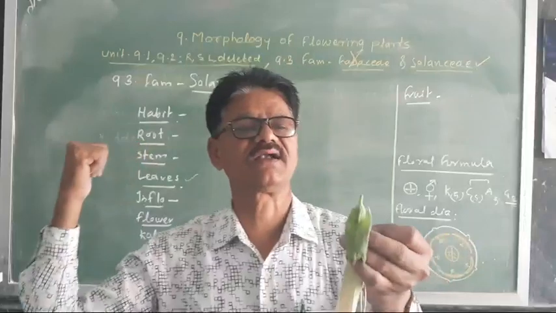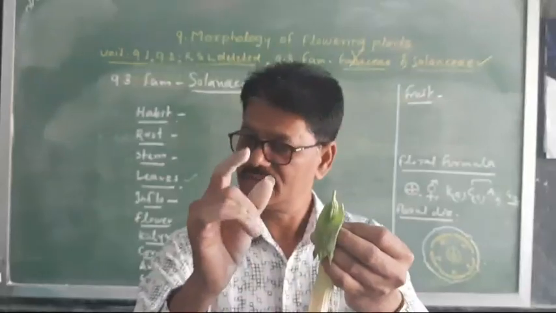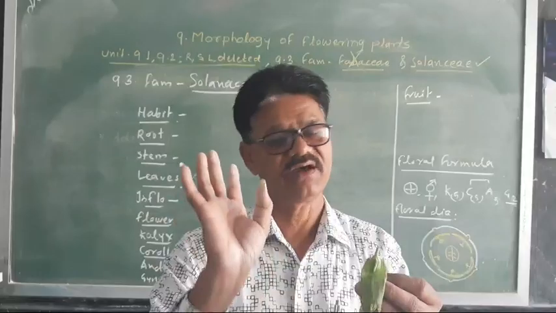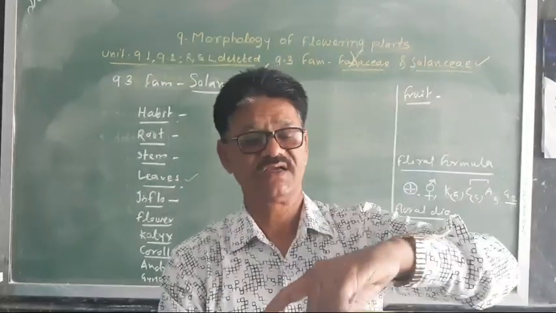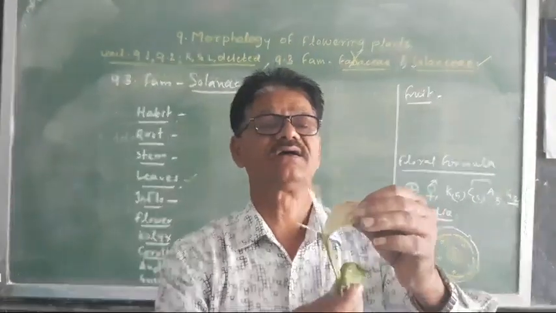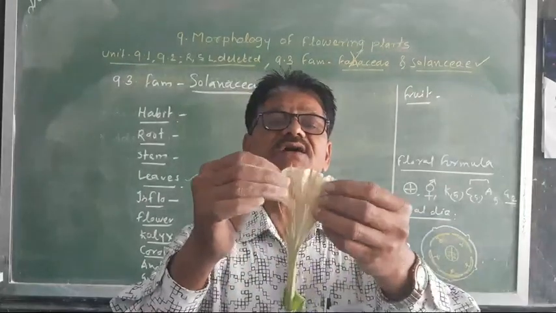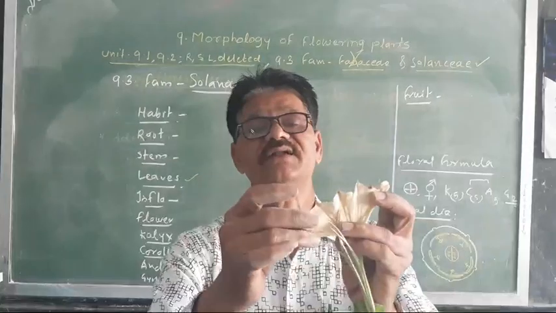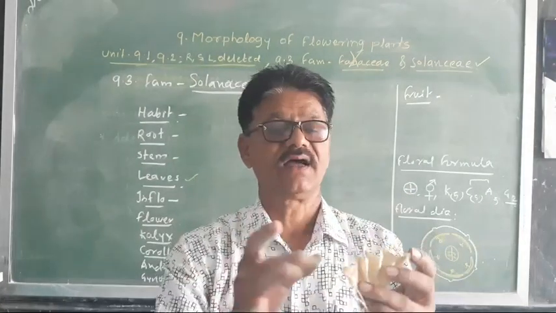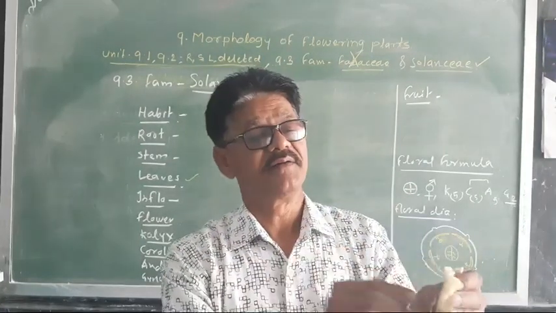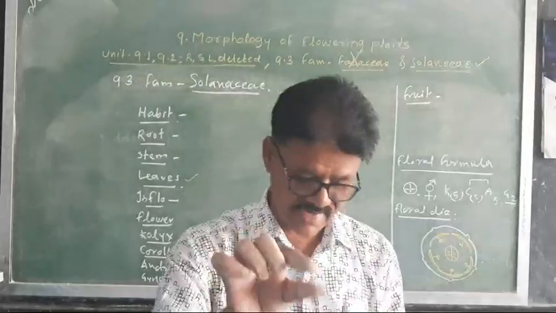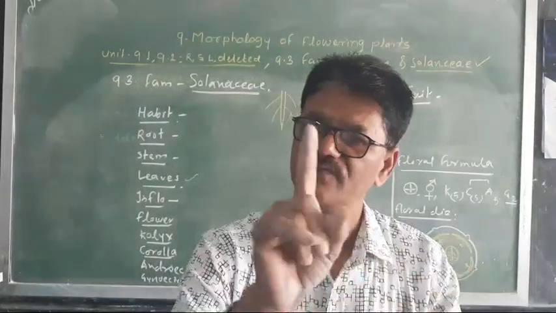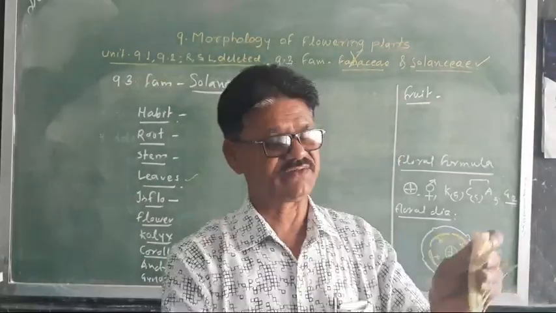I drew that diagram. So the calyx sepals are arranged in valvate type of distribution. Next one is the corolla. Corolla consists of petals. There are 5 petals, and the margin of one petal is attached to the margin of another petal. It is also valvate type of aestivation.